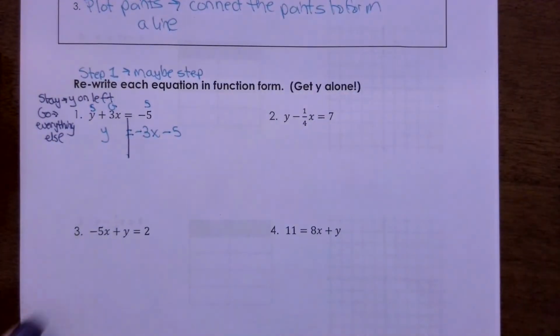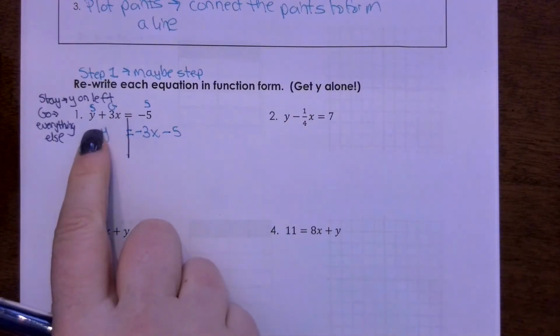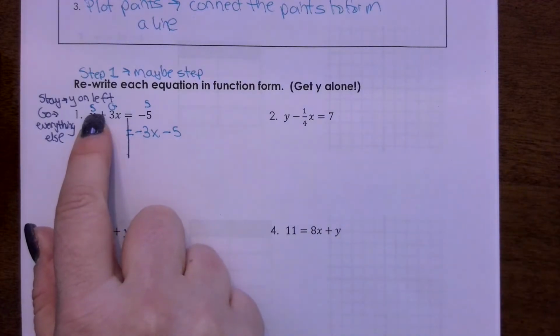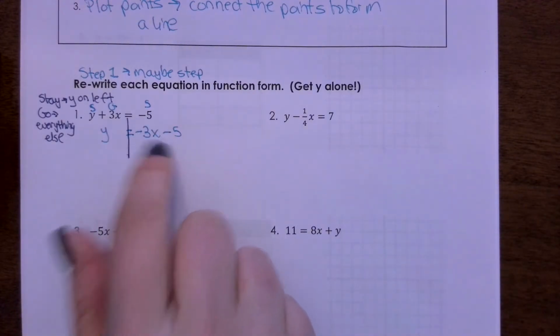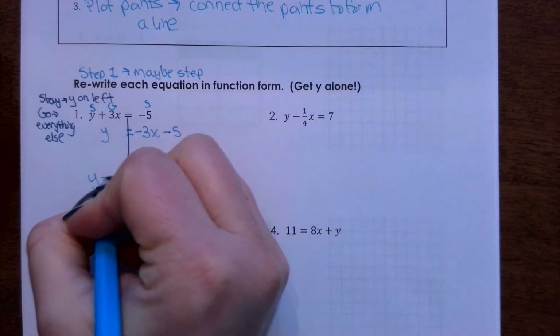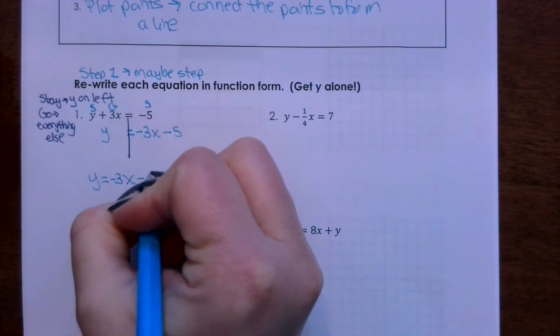So we want our y to stay here on the left and everything else to be on the right. So here we go. Let's take a look at our new equation, which is y equals -3x minus 5.